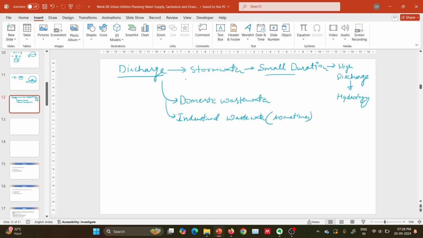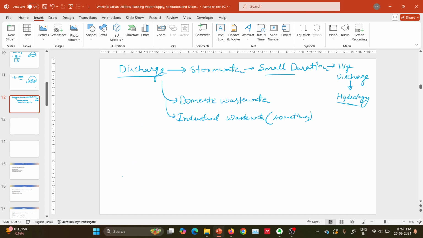We studied earlier that this stormwater can be combined with the domestic sewers, or it can have a separate drainage pipe. We studied the separate system, combined system, and partially separate system. So for these also we can have separate pipelines. How much discharge will come, we'll see. This can be calculated through hydrology.